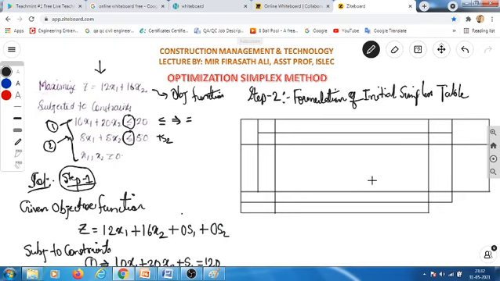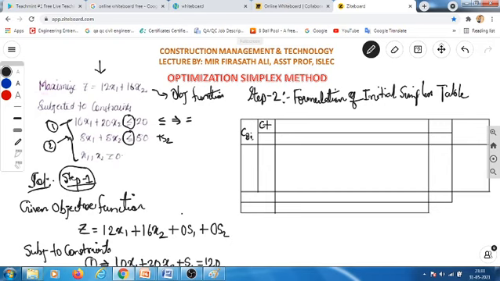We need to fill the initial simplex table with some values. Let us see what these values are. Here we write CBI, the coefficient of basic variables.